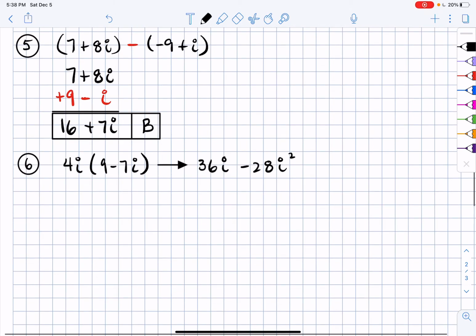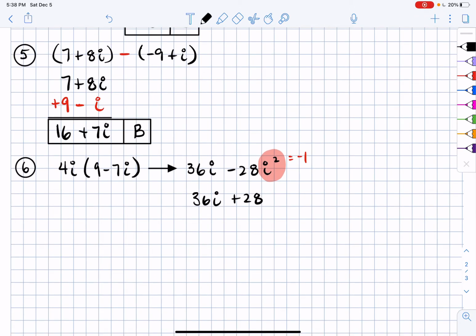Okay, well, what do I know about i squared? Well, that's equal to negative 1. So it's negative 28 times a negative 1. And so I'm going to have 36i plus 28. But I typically don't write the i in front, right? So typically we would do 28 plus 36i. And that would be choice A.